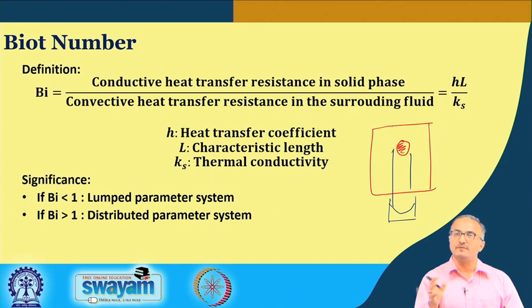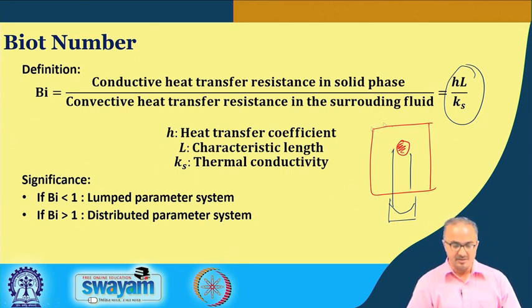These two effects, within a solid and the surrounding fluid, are taken care of by the Biot number. Even though expression-wise they look similar, the difference is this: in the Nusselt number, both h and k pertain to the given fluid, whereas in the Biot number, h pertains to the fluid and k pertains to the solid which is within the fluid. So, this is the difference.